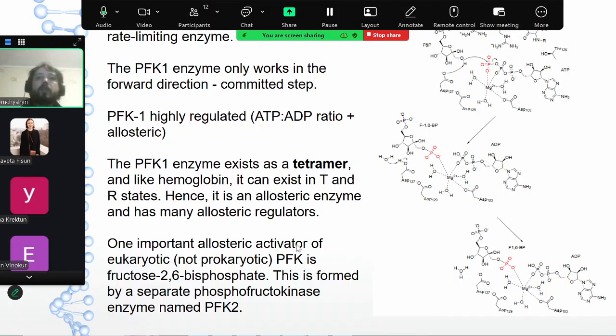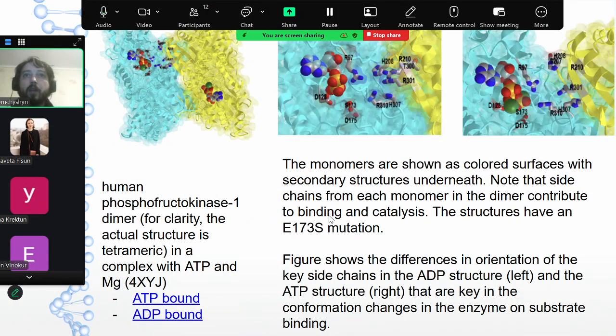One important allosteric activator of eukaryotic but not prokaryotic PFK is fructose 2,6-bisphosphate. It's formed by a separate phosphofructokinase, PFK2. So this is PFK1, and there are some more enzymes. One of them is called PFK2, and it creates fructose 2,6-bisphosphate that regulates the activity of PFK1.